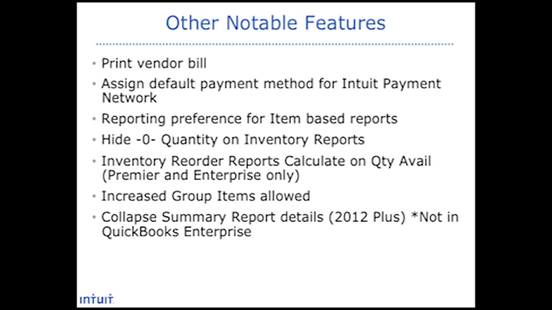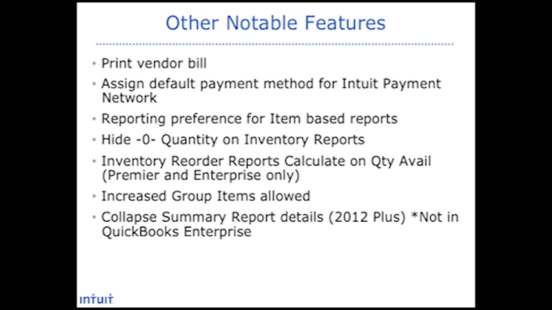We can also hide the zero quantity on inventory reports. So you have 2,000 inventory items on your items list, and only 50 of them have quantity. I'd like to not show those that have no quantity without bringing it into Excel.